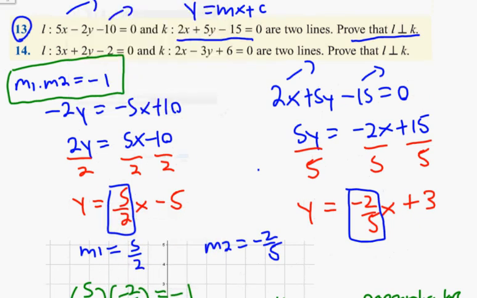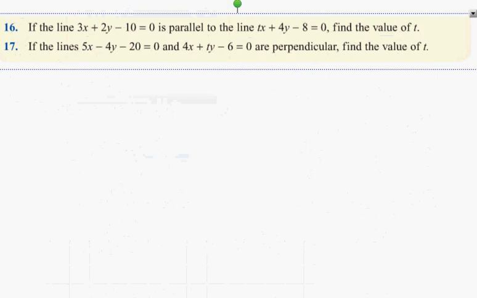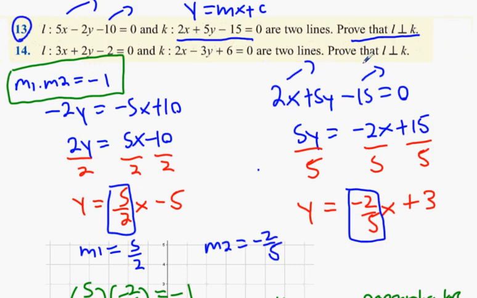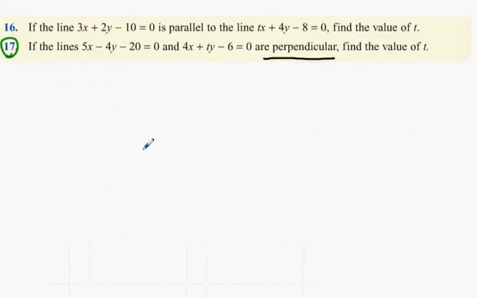Okay guys, last type. Are you ready for this? Last type will be like question 17. Once again, we're told they are perpendicular as opposed to prove they're perpendicular. So if they are perpendicular, what do we know about perpendicular lines?